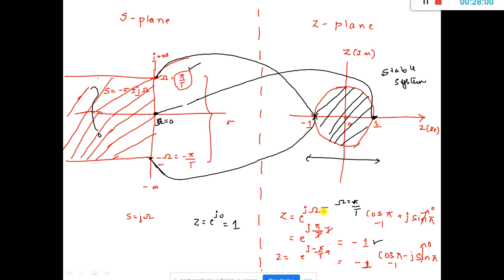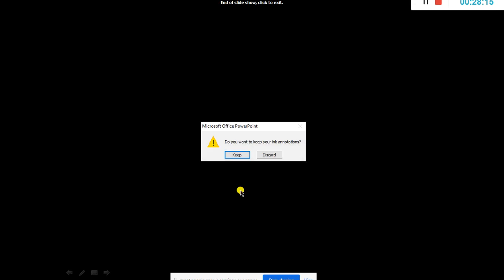Which means that all the frequencies ranging from pi by T to minus pi by T are well fitted within the unit circle. This is the important concept that we are supposed to understand here.